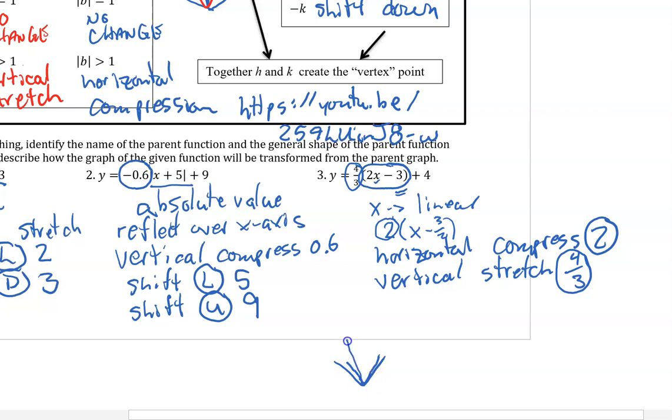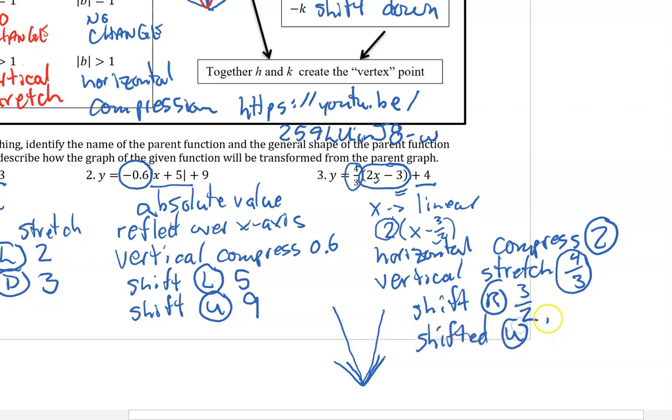So it got skinnier and taller. And then we take a look at h, which is now negative 3/2. So it's minus h. So h is positive 3/2, so that means it is shifted right by 3/2. And then at the end is our k, so it is shifted up by 4.